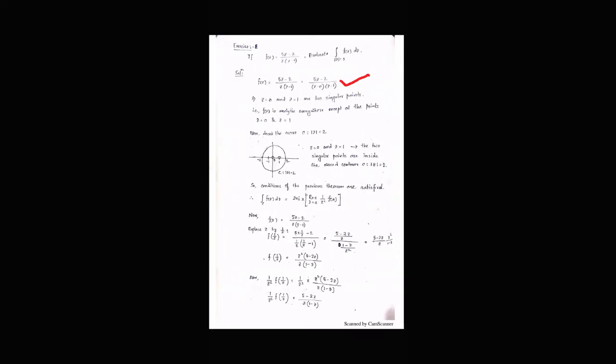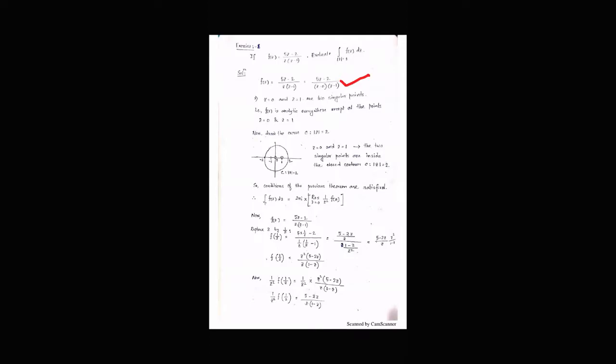In fact, z equal to 0 and z equal to 1 are the only singular points of fz. That is, fz is analytic everywhere except at the points z equal to 0 and z equal to 1.